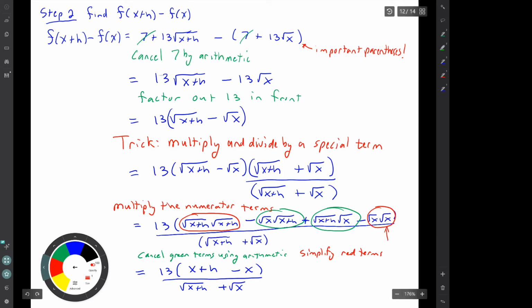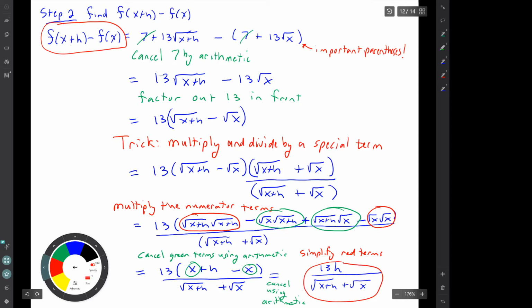And that circled red term just becomes x. Now we can do some more canceling. These x's cancel. And there's our result. We have found that this expression, f of x plus h minus f of x, is this messy thing.